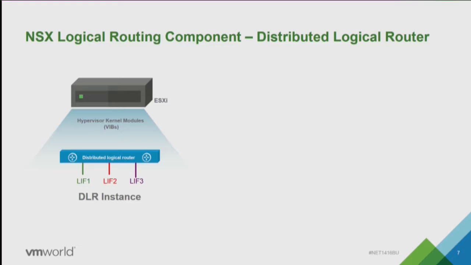The very first component for the logical routing in NSX for vSphere is the distributed logical router. And even the distributed logical router has 2 different elements. The very first element is the real, truly distributed object, which is a DLR instance.